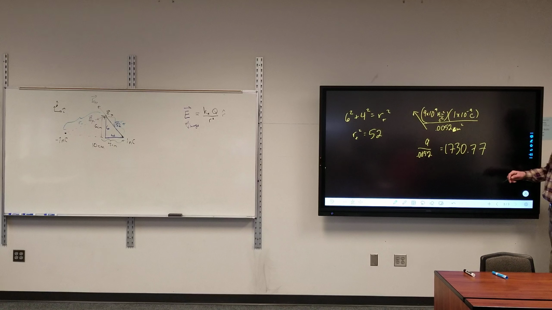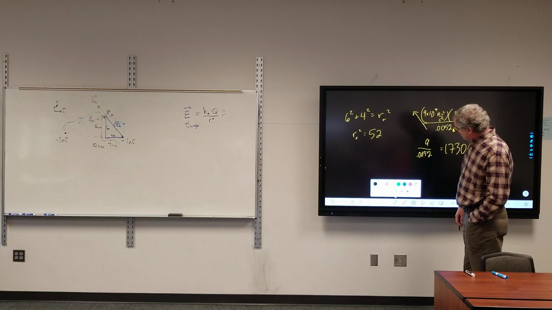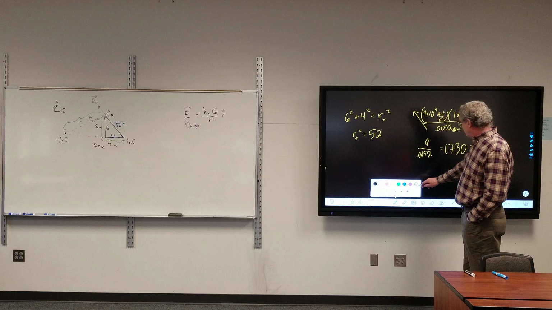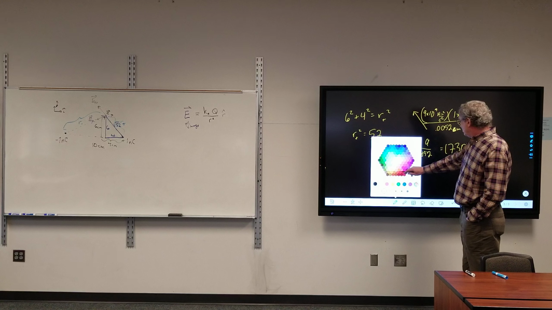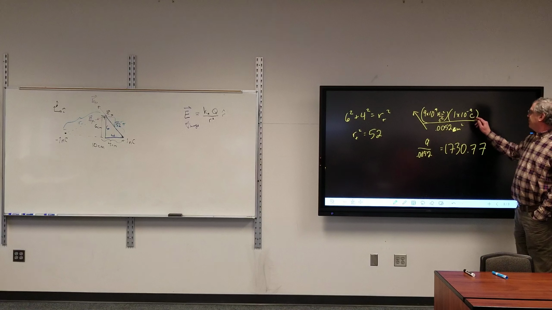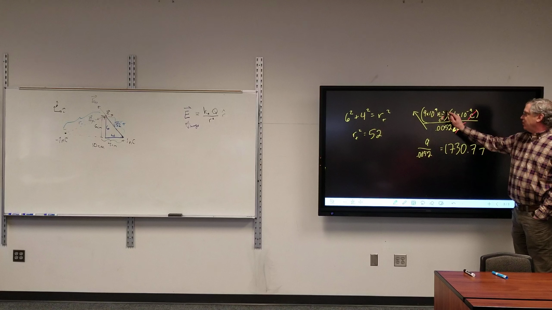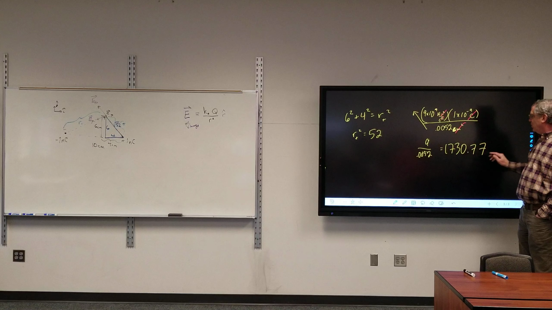There we go. If we look at the units there, that Coulomb cancels out with one of those. That meter squared cancels out with those. I'm left with newtons over coulombs.